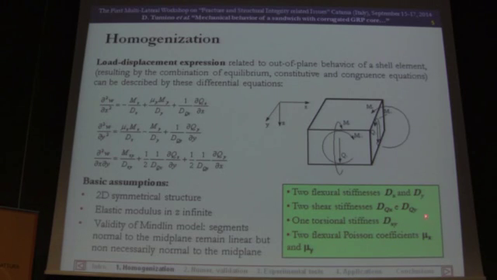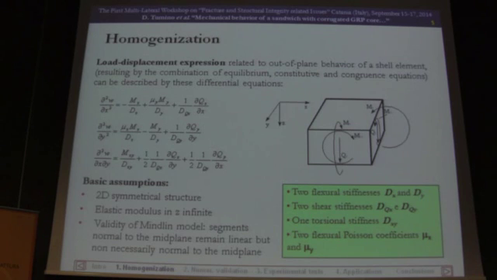So what we need are basically these constants. We need to recover these constants of the unit cell: the flexural stiffness Dx and Dy, the shear stiffness Dqx and Dqy, and the torsional stiffness, and moreover the flexural Poisson coefficients μx and μy.